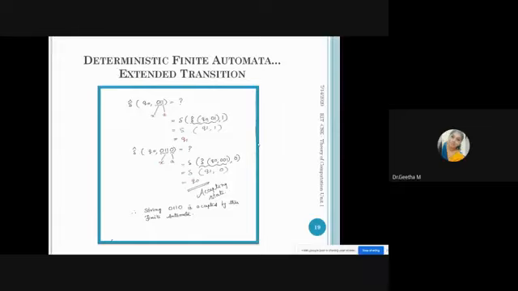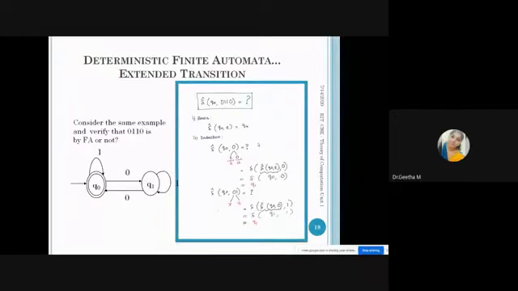Apply the answer, and finally you will be getting q1. Then the last operation, del cap of q naught comma 0 1 1 0. The last symbol is a, and before it is x. Apply the formula, and you will be getting q naught as output. Since q naught is an accepting state, the given string is accepted by the finite automata. I think I have explained clearly. Tomorrow onwards, I'll be coming with an electronic whiteboard.